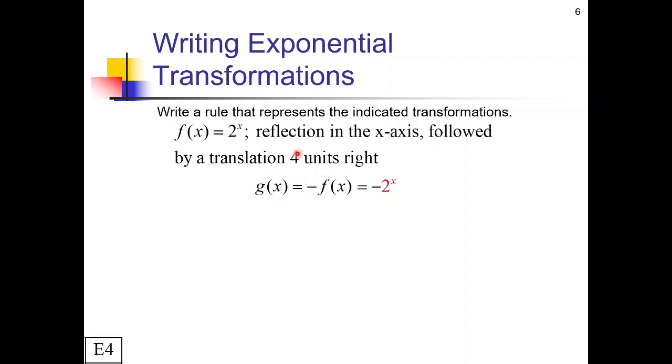So since it's left-right, it has to go inside, so I have to do h of x equals g of x minus 4. It's opposite of what we expect. And inside the function means inside this exponent here. So this is going to be negative 2 to the exponent of x minus 4. And that's it.